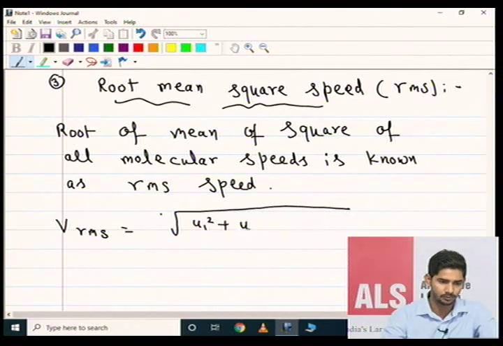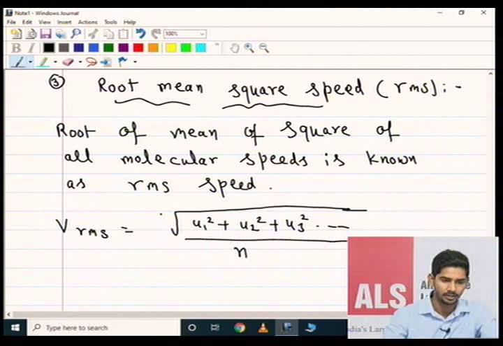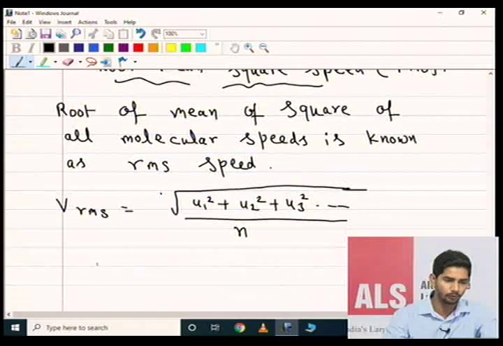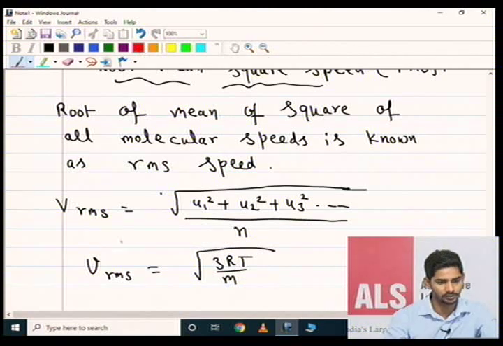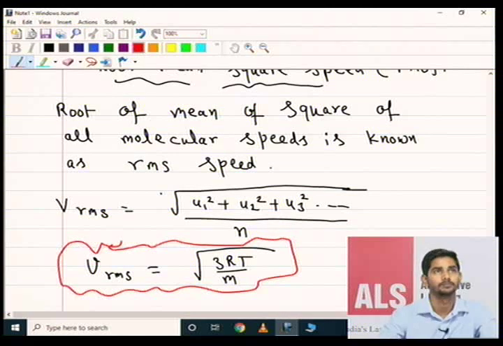U1 square plus U2 square plus U3 square up to UN, divided by N. And ultimately, we have to remember only this formula: root of 3RT by M. You have to remember only this formula. Copy.